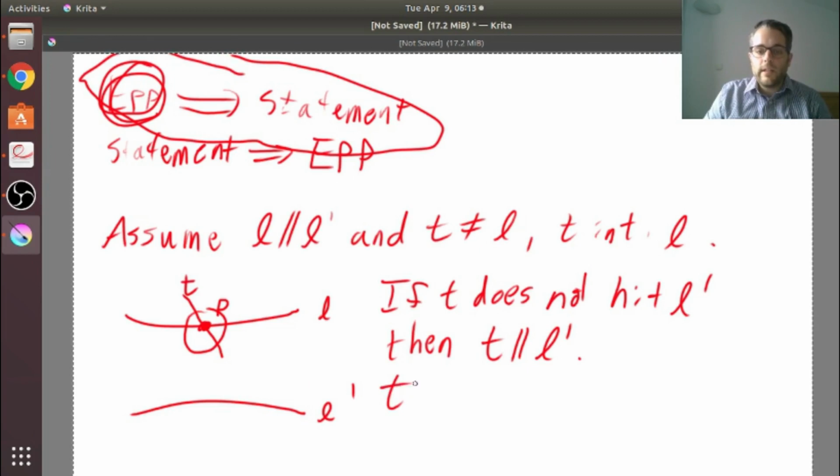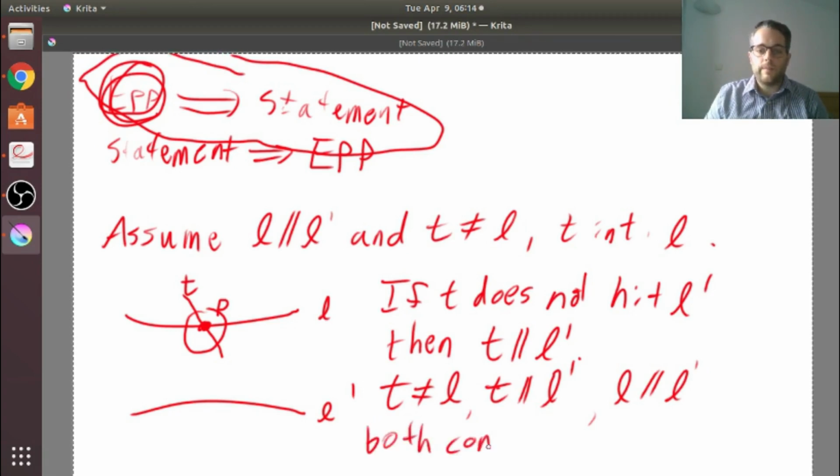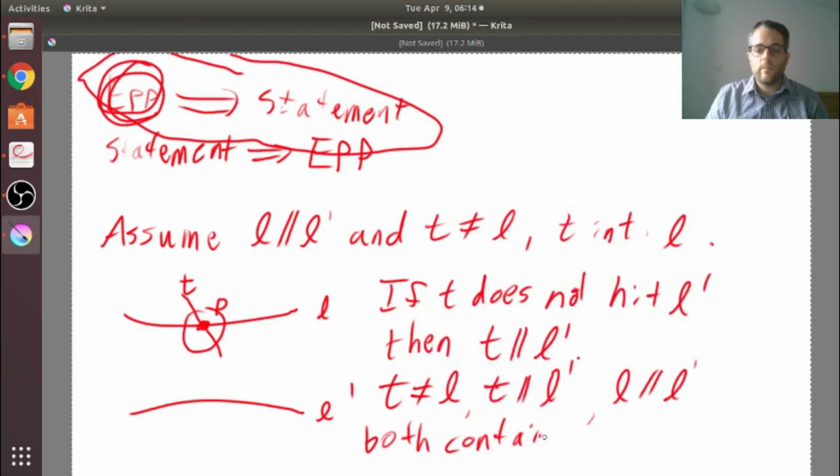Well, T is not equal to L, and T is parallel to L prime, right? We just assumed that, and L is parallel to L prime, right? And they both contain P. And that's a problem.